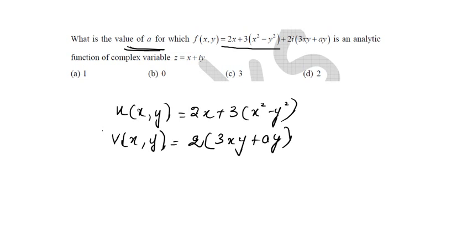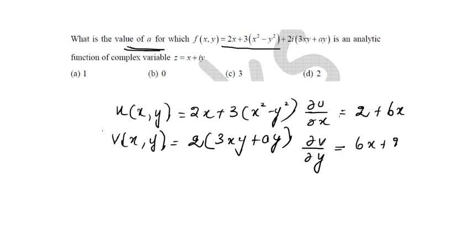So now you can differentiate ∂u/∂x. We get 2 plus 6x. Differentiate v with respect to y. You get 6x plus 2a.